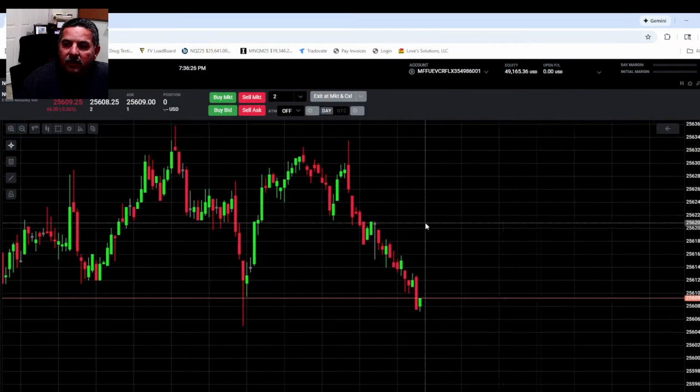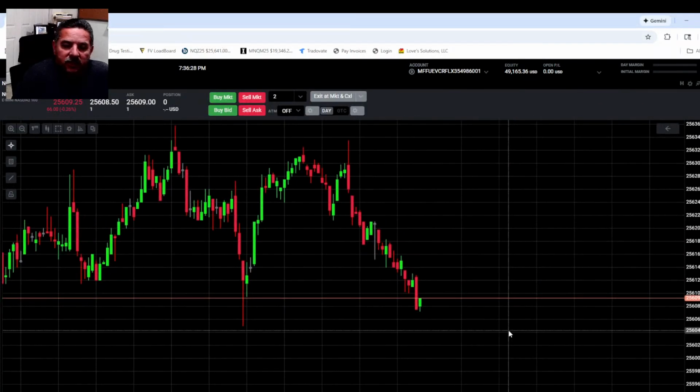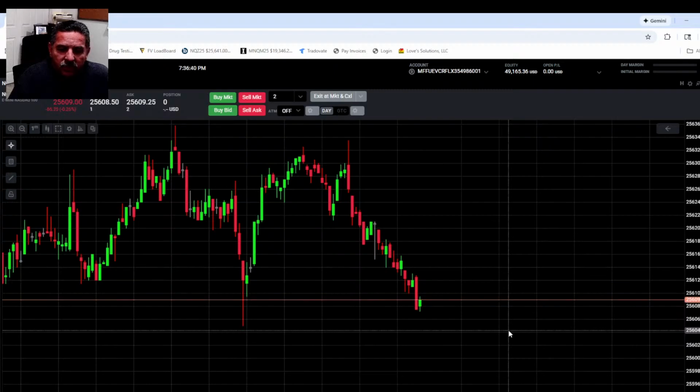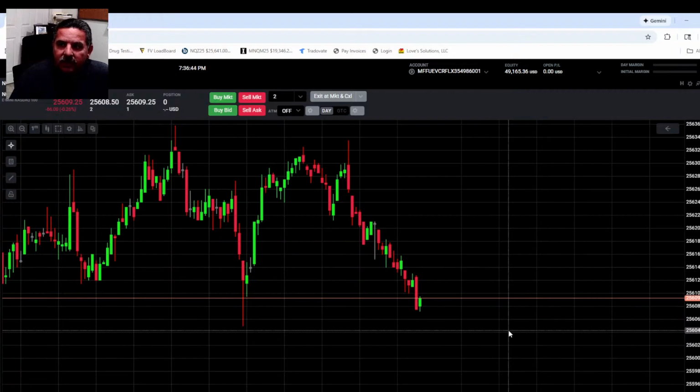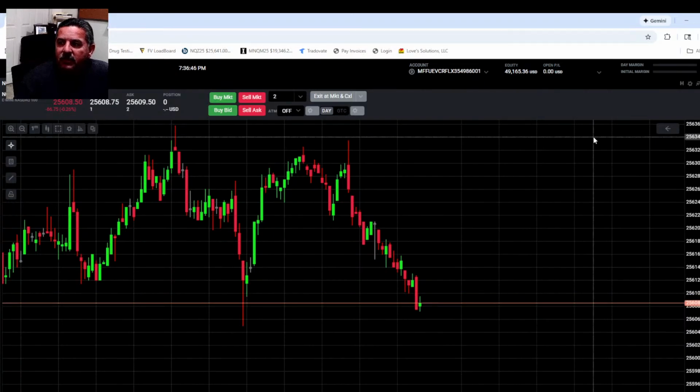So yeah, that's why I kind of moved on. I wasn't liking the way the candles were moving on Tradovate, so I tried to switch over to TradingView, and yeah, I lost all that money.